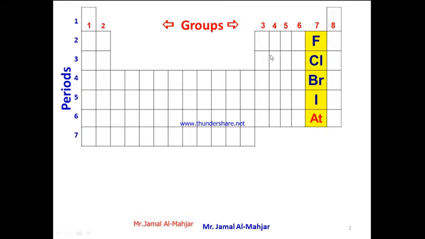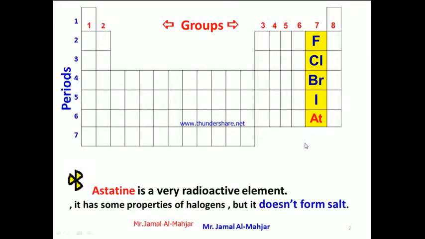So up to now we have to know the halogens. What are they? Yes, fluorine, chlorine, bromine, and iodine. We ignore astatine in our studying because astatine is a very radioactive element.